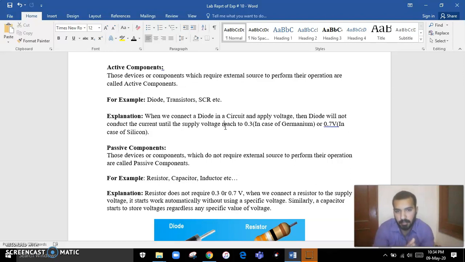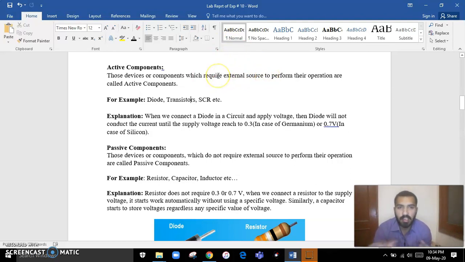It will conduct current. Similarly, the transistor is used in amplifiers. You have not seen any amplifier that works without an input signal. Every transistor or amplifier that amplifies some kind of signal basically takes some input signal. So transistors and amplifiers are also active components because they require an external source to perform their operation.